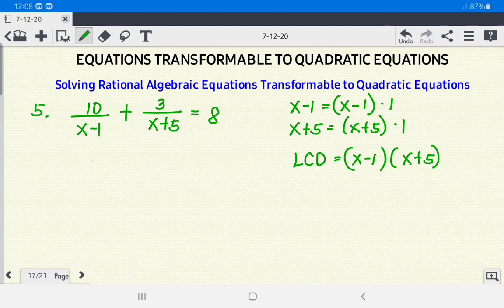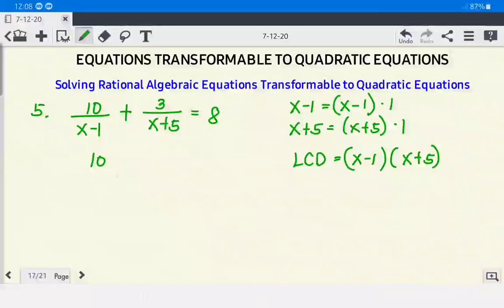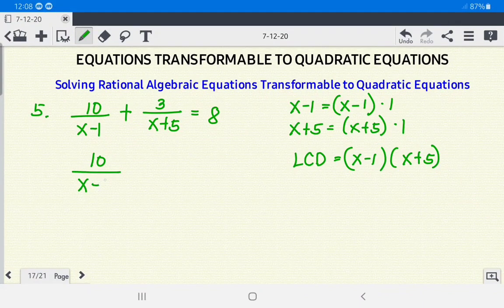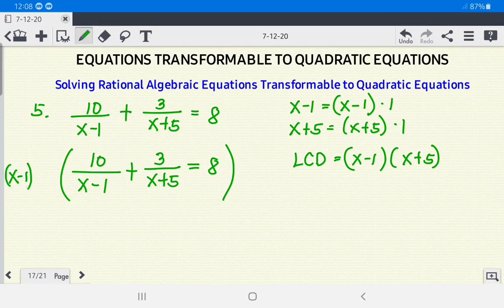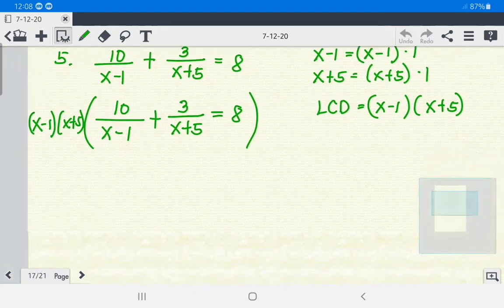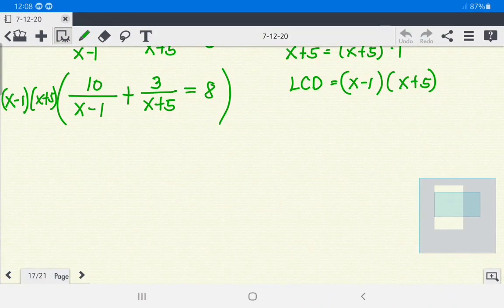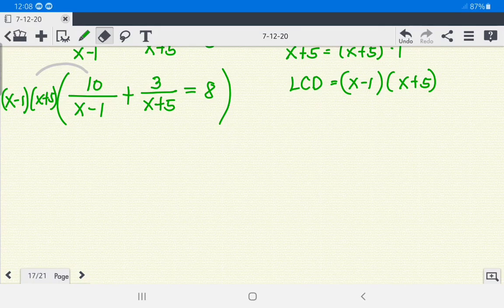So we have 10 over x minus 1 plus 3 over x plus 5, then equals to 8. Multiply this by the LCD, x minus 1 and then x plus 5. Okay? Then, if you're going to multiply this, x minus 1 times x plus 5 times 10 over x minus 1.